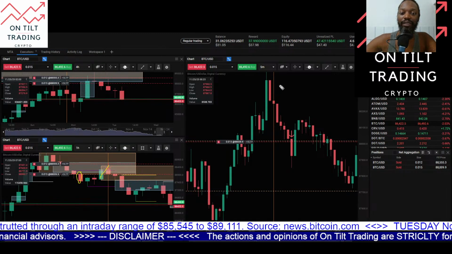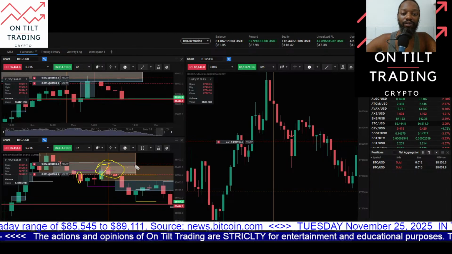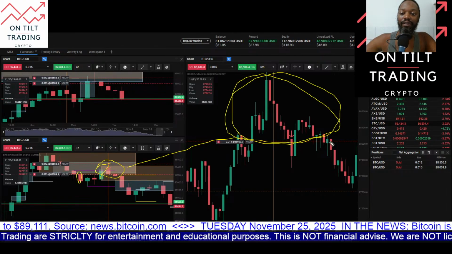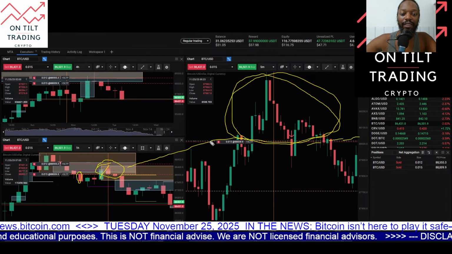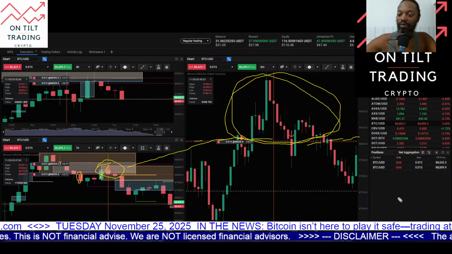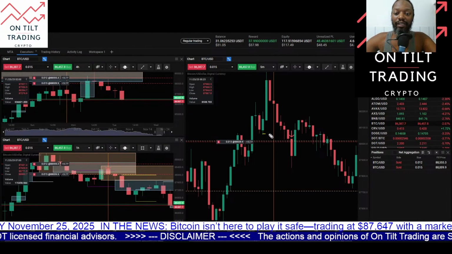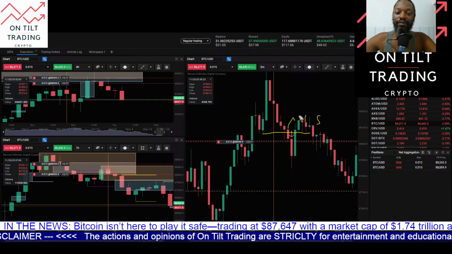So these are two things. This area here is equivalent to this area here, where this peach dotted line is the low of the 60-minute order block. We can see price action right here create a market structure shift.